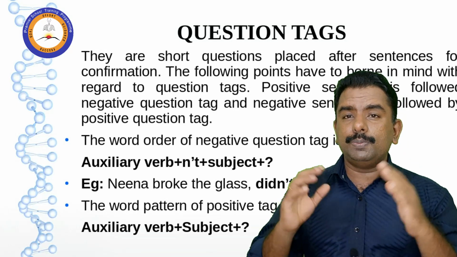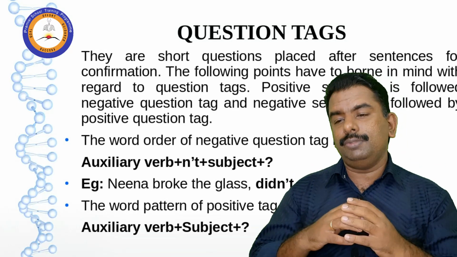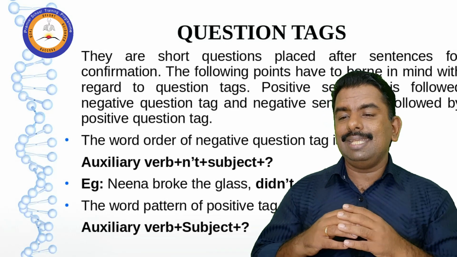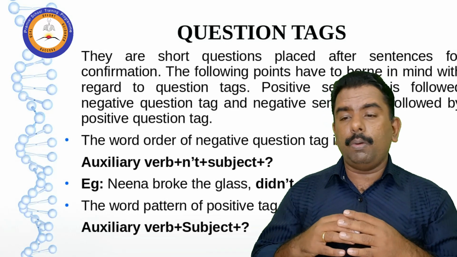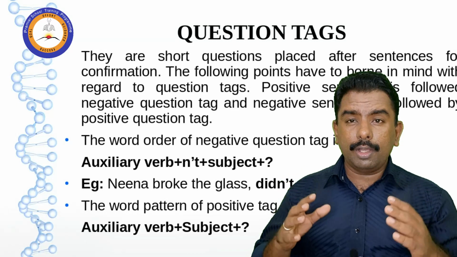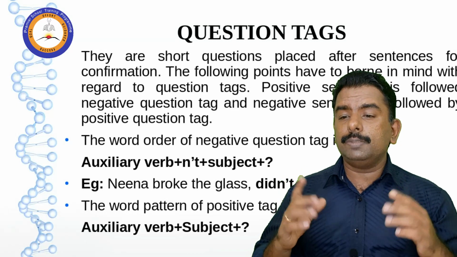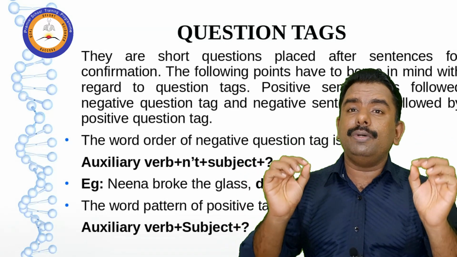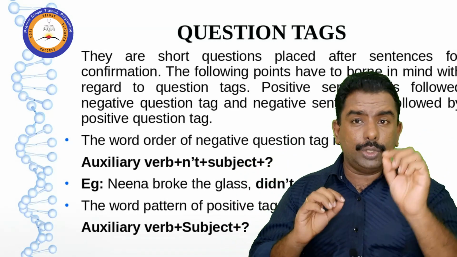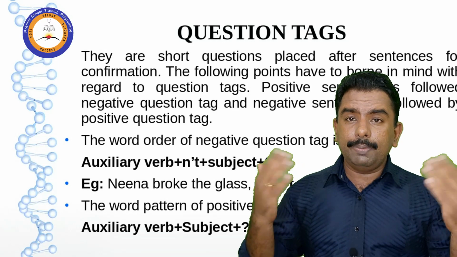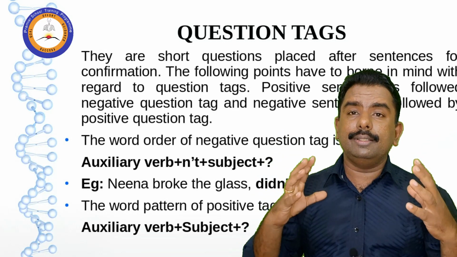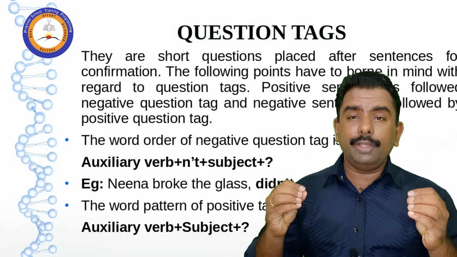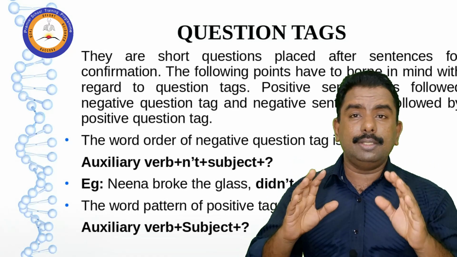Here, broke is the past form of the verb. Subject plus past form of the verb is simple past. The auxiliary verb of simple past is did. You have to keep that in mind, or learn it by heart.